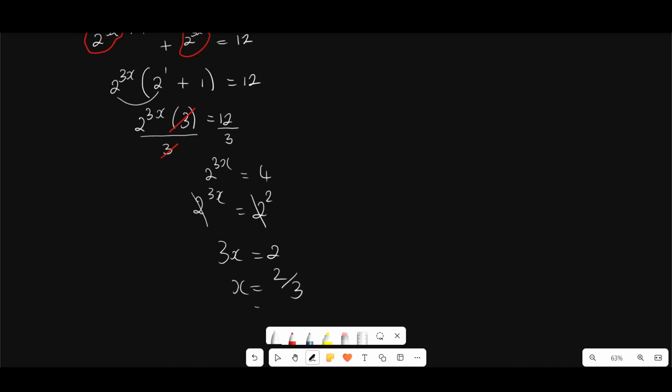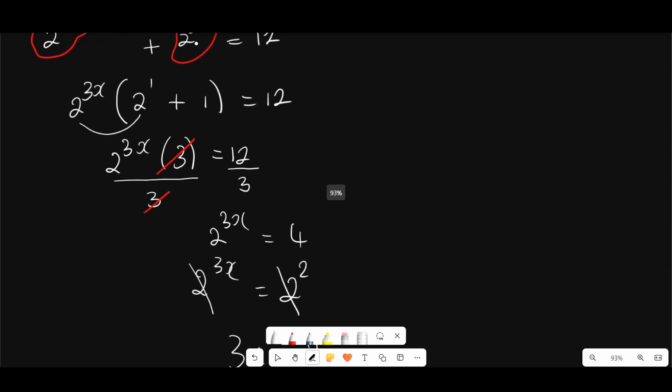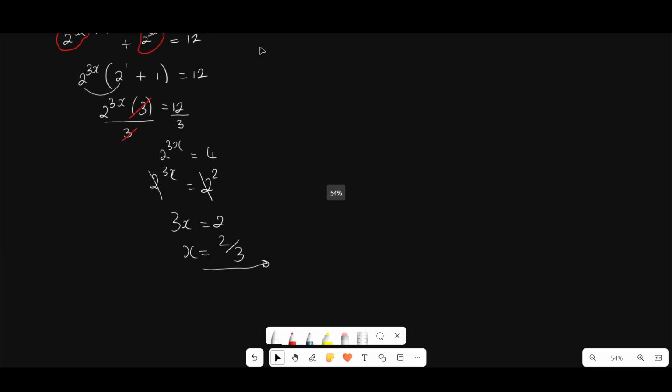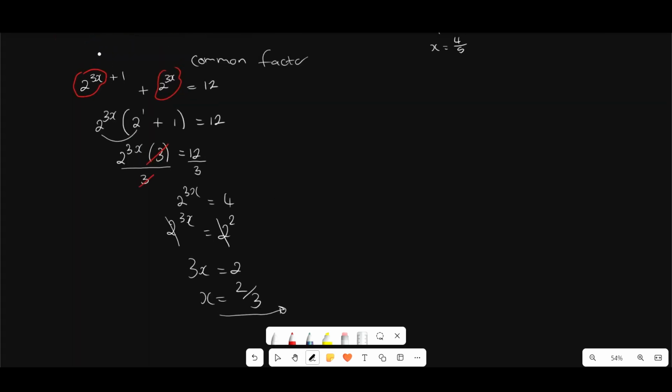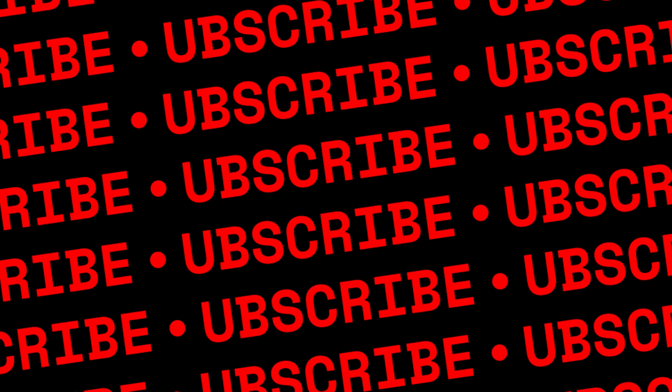Then you double check this by putting this x value into the original equation here. I hope that makes sense. And in our next video we'll be looking at more examples.